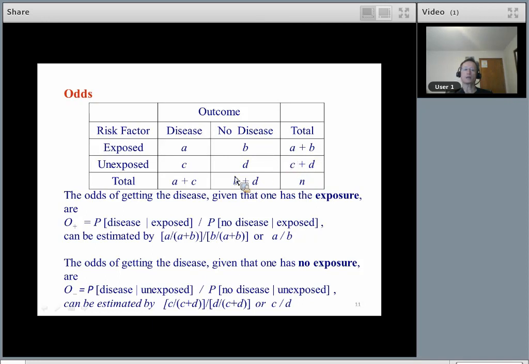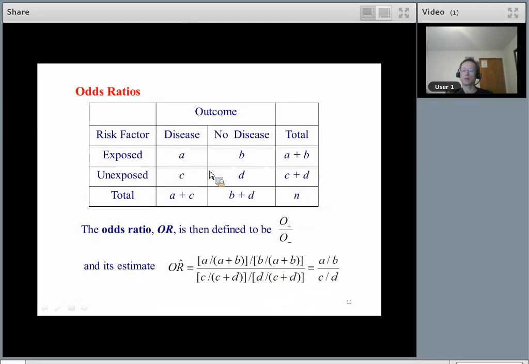The same thing holds for the unexposed group: the ratio of the conditional probability of getting disease versus not getting disease gives you the odds of getting disease given you're not exposed. Once you figure out these two odds, the ratio of the two odds is the odds ratio.